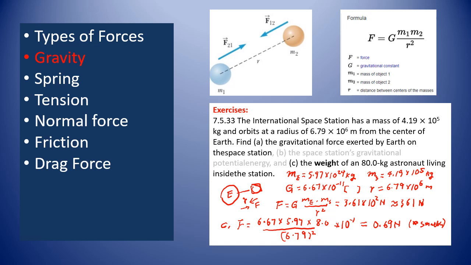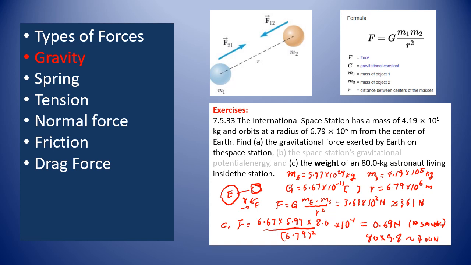If he were on Earth, you would have 80 times 9.8, which is almost 800 newtons. But on the space station, the astronaut's weight is much weaker, only less than 1 newton.